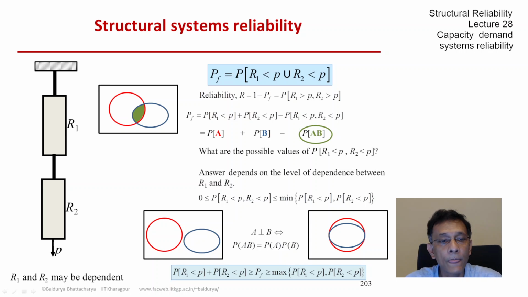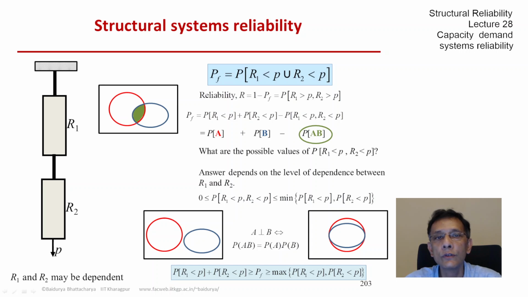This thought actually will be useful towards the end of this discussion on series systems, when we are going to look at bounds of the system failure probability, both upper bounds and lower bounds, because sometimes if we have many individual elements, we have the union of n failure events, then obviously to get higher and higher order joint probability information may be very difficult.